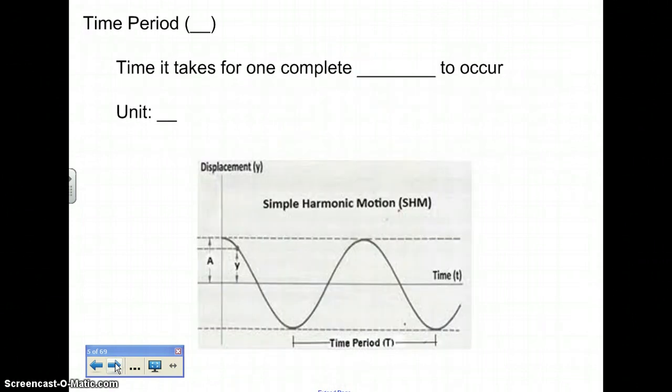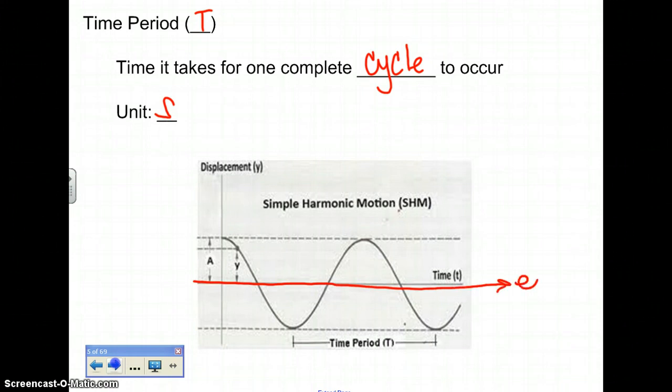So with that in mind, time period, which is a capital T, is the time it takes for one complete cycle to occur. So this is going to be measured in seconds. So once again, here is our equilibrium position right here.